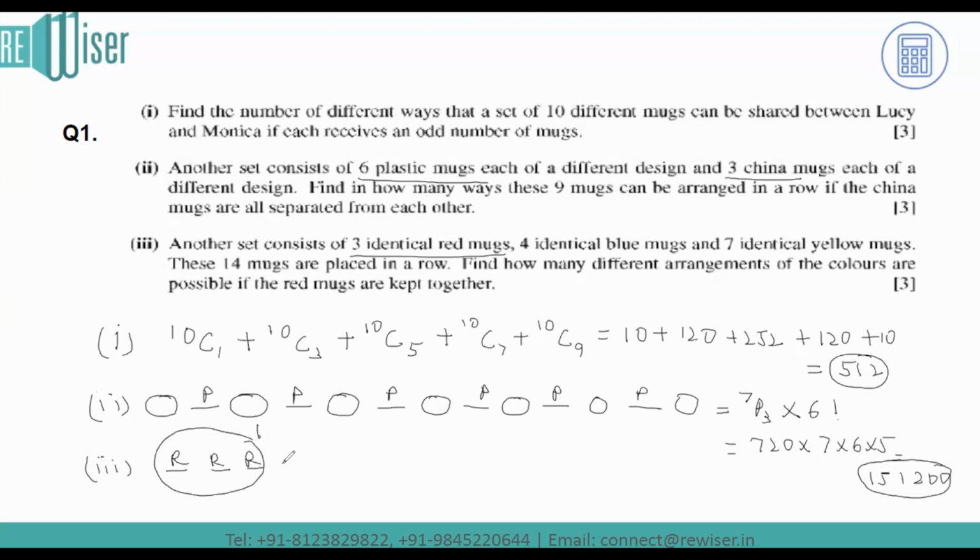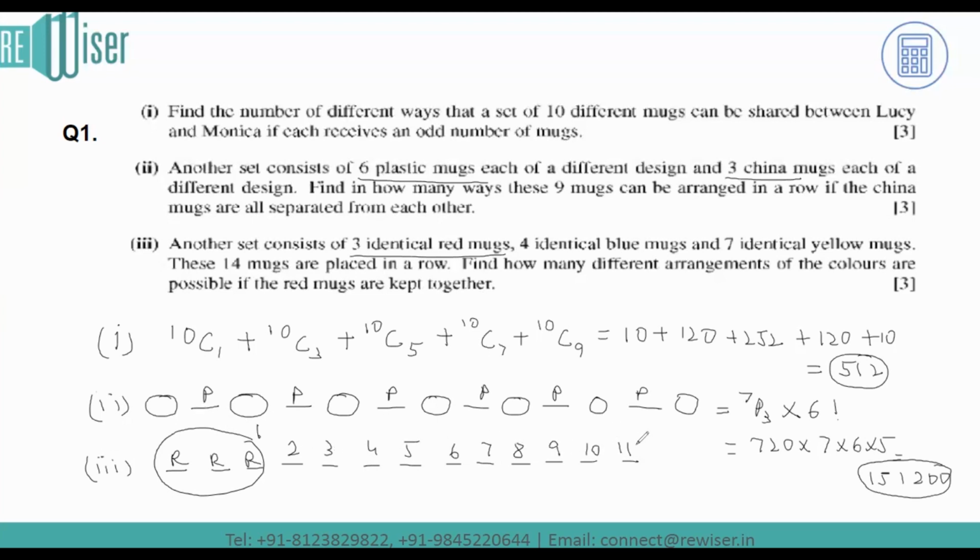So the other marks can be arranged in the 11 places after this. We can number them 2, 3, 4, 5, 6, 7, 8, 9, 10, 11.